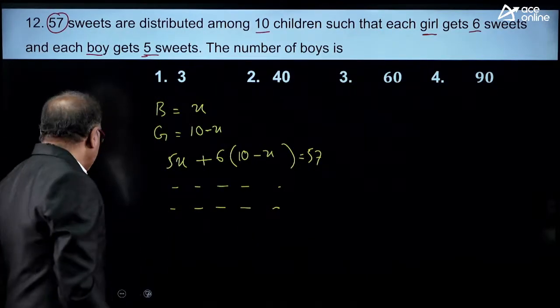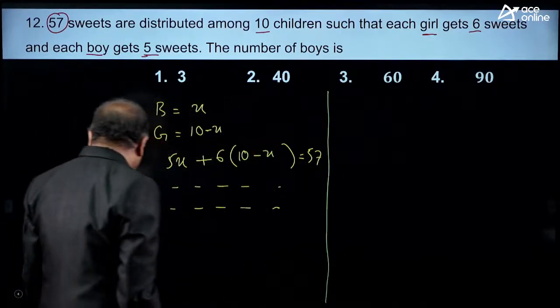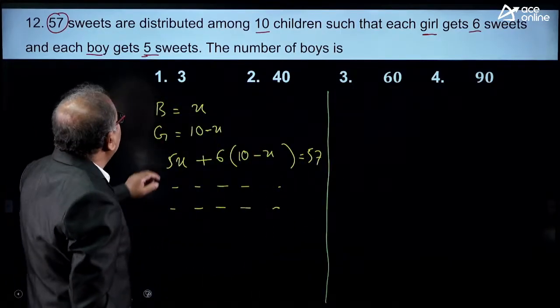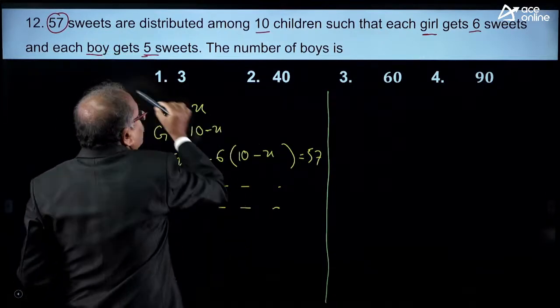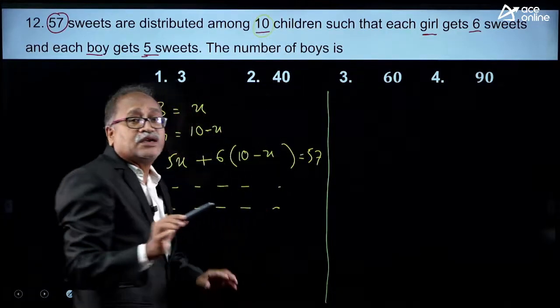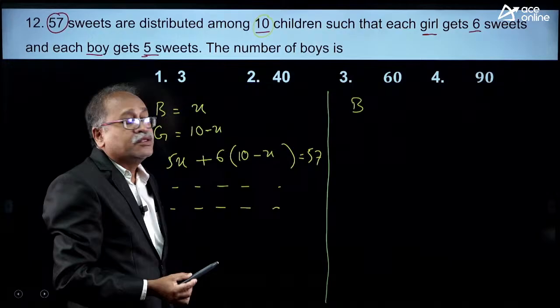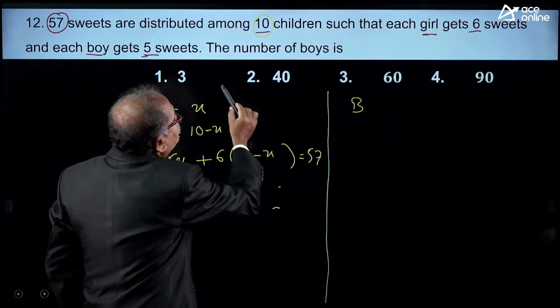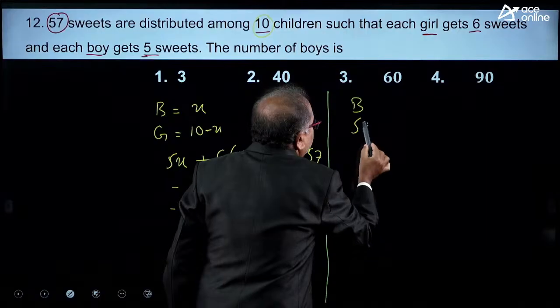We can use the alligation mixture method to answer this question here. What is the total? The total is 57, and if all 10 children are boys, then what will be the number of sweets they will be getting? 10 into 5, that is 50.